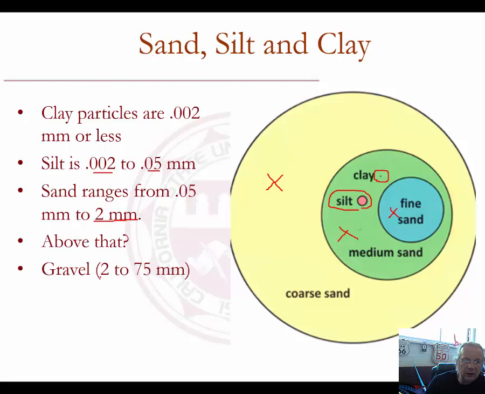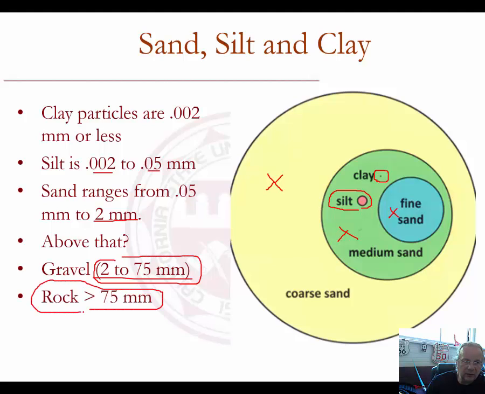And above that, you get what we'd think of as gravel, and gravel is 2 to 75 millimeters, and rock is above 75 millimeters. For a conglomerate store, one of those kind of places that will sell you sand and rock and gravel for your landscaping needs, all of these things are well known.